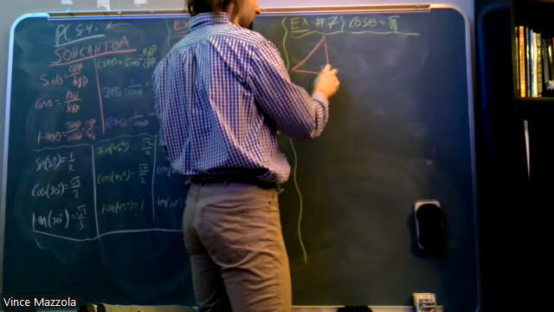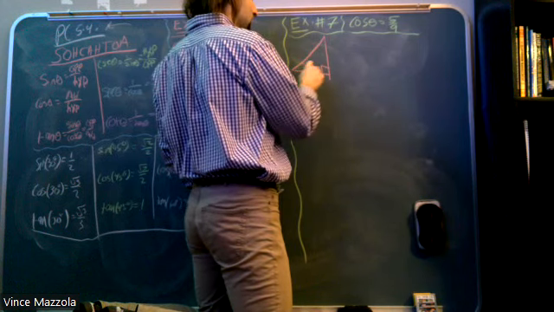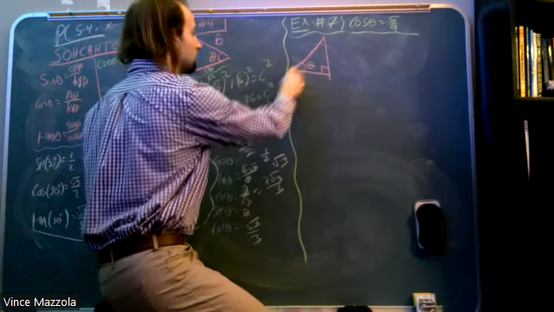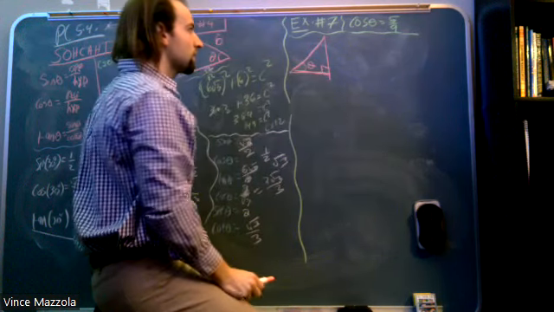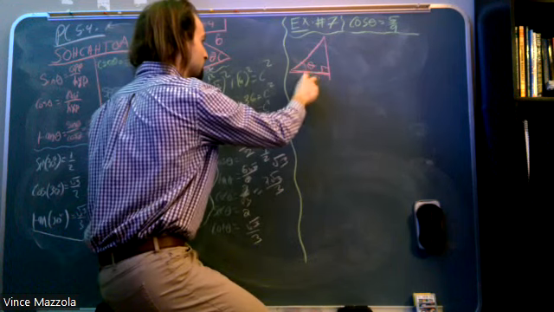Right angle right here, and pick one of the other angles and label it theta. Here, we know that the cosine of theta, the adjacent side to the hypotenuse, is going to be 5/9.